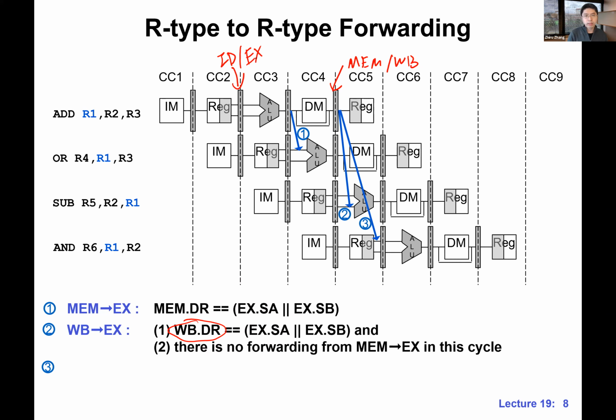That's where we can find EX.SA, EX.SB. Essentially, we are just propagating this information, DR, SA, SB. We pack them together into many bits. Just imagine that we have a bundle of bits, and this bundle of bits is being propagated through this pipeline register.